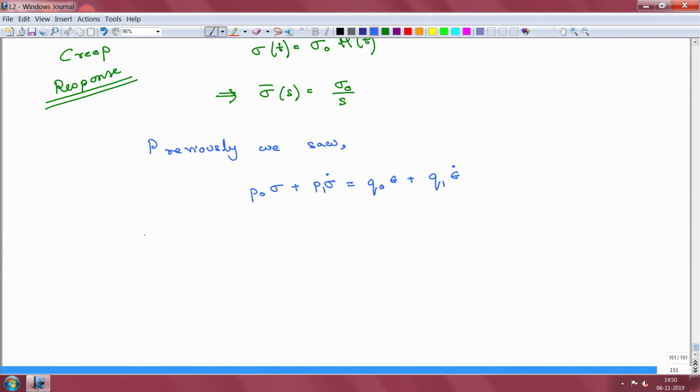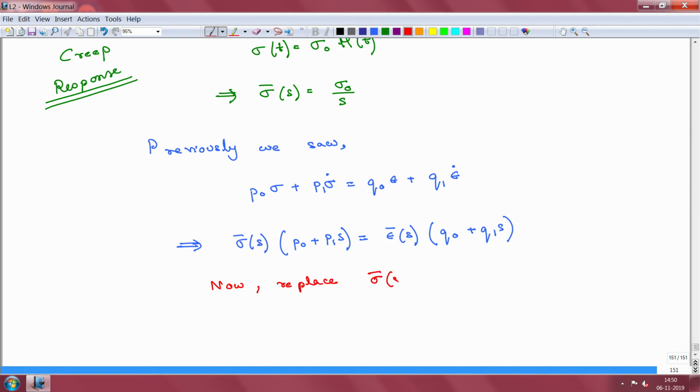So, from the constitutive equation we have this, which is generally true, right, for this ordinary differential equation. We have not applied anything till now. So, now replace sigma bar s with sigma naught by s.